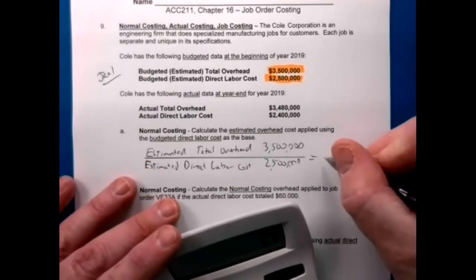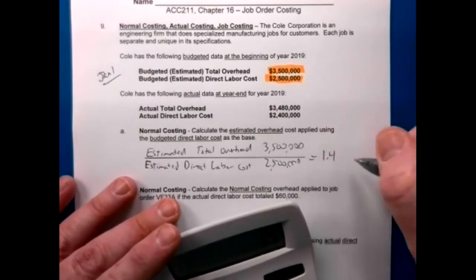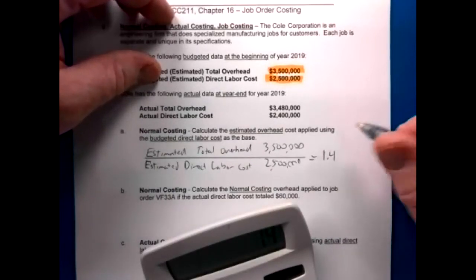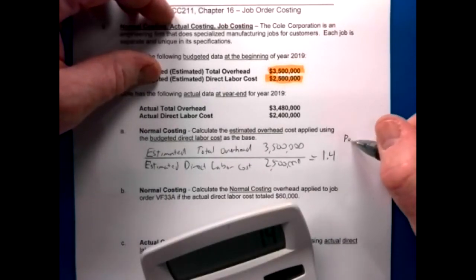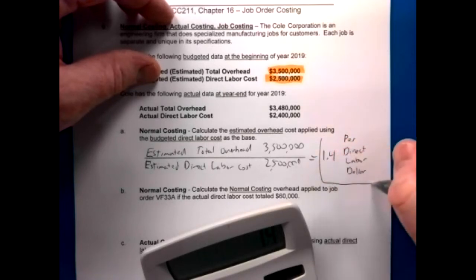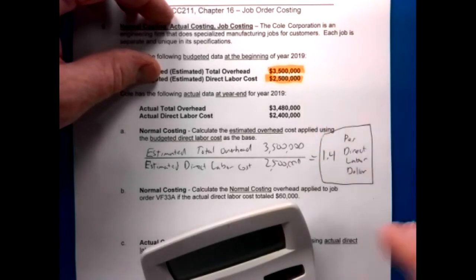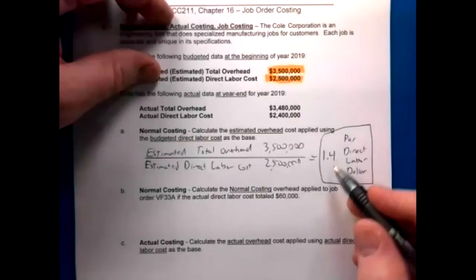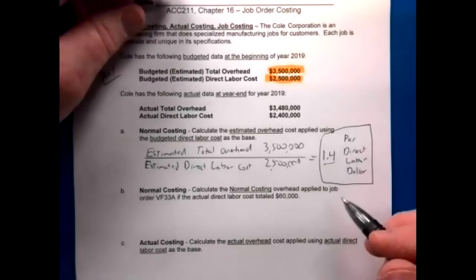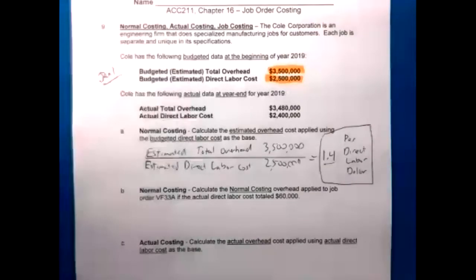So about $1.40 per direct labor dollar. So for every dollar they spend, they're going to charge $1.40 to overhead.